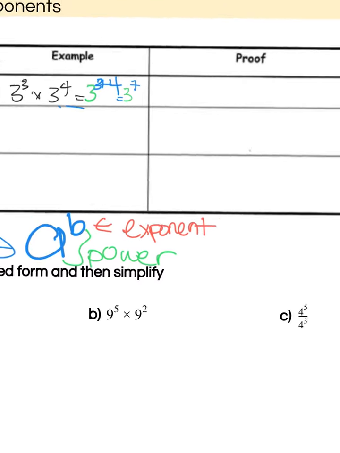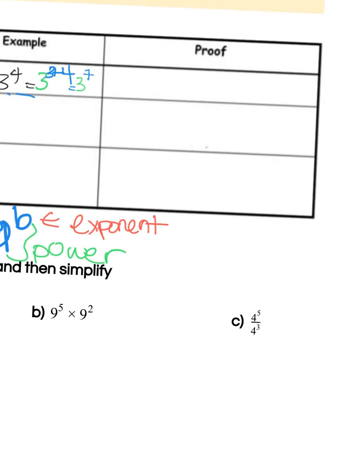All right, let's see a proof here. In my proof, I'm going to expand out all of my exponents, and remember that we said that our exponents are the same thing as saying that base multiplied by itself that many times. So 3 to the power of 3 is the same thing as 3 times 3 times 3.